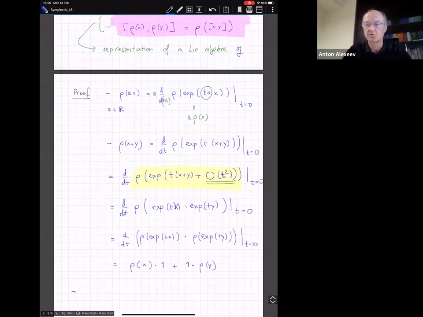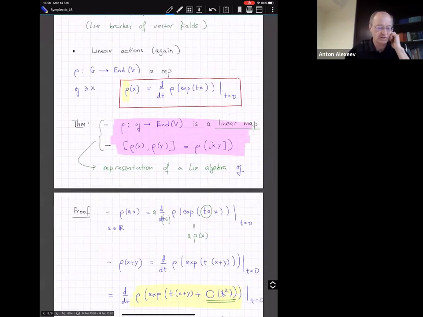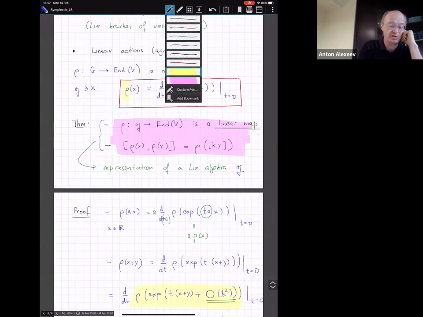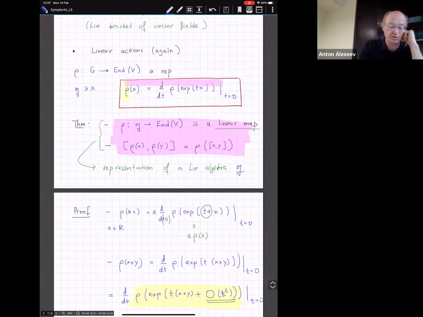correct. So there is a question on the chart asking whether it is a Taylor series. Oh, sure. The definition here, the differentiation. Yes, of course. So we know that rho of exponential of tx, right?